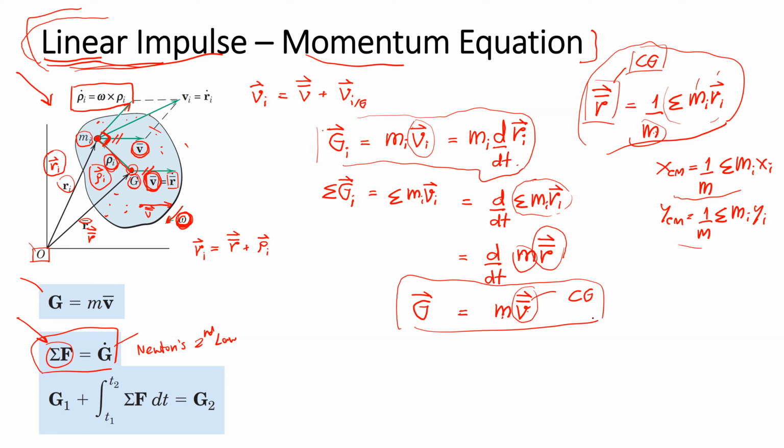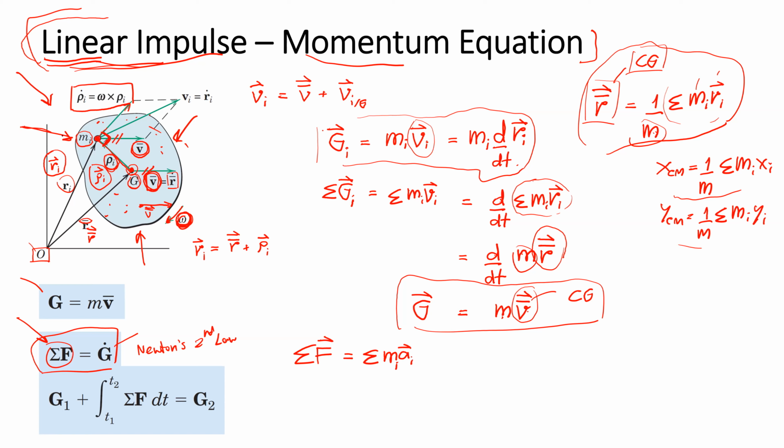And from Newton's second law of motion, the summation of force that applies on the rigid body will equal the summation of the change in the linear momentum in all small particles.